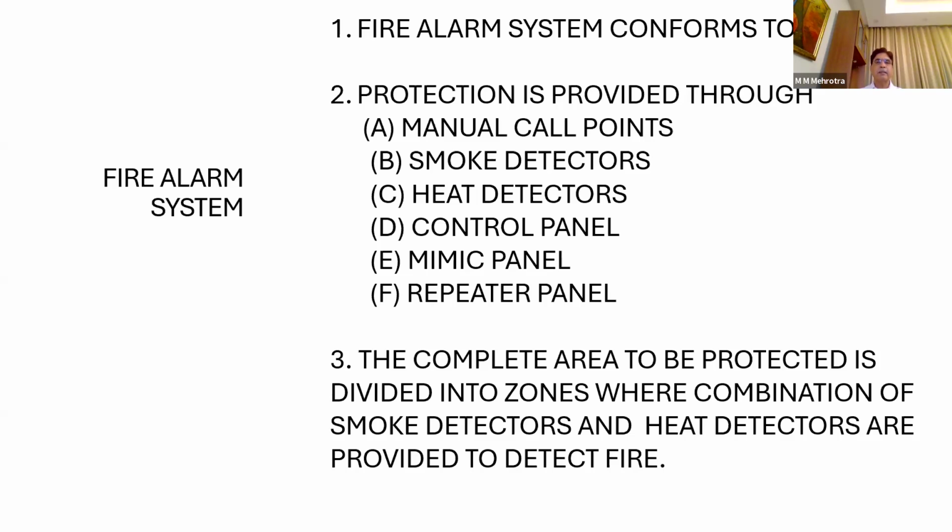But in case of fire, you cannot reach that place until you know that fire is here. So there has to be one mimic panel at the entrance point of the building or somewhere in the security area, it will indicate fire.